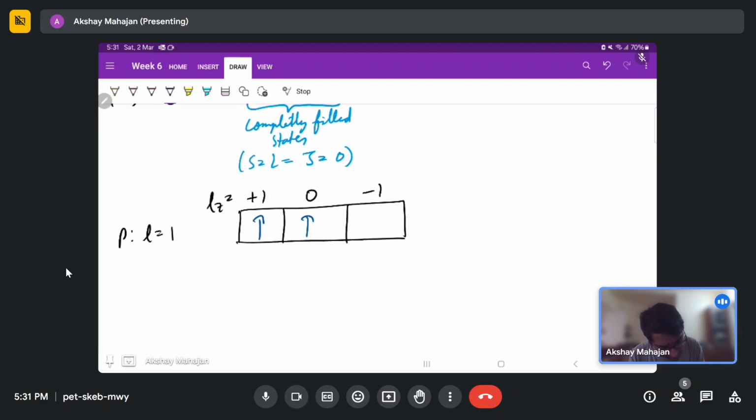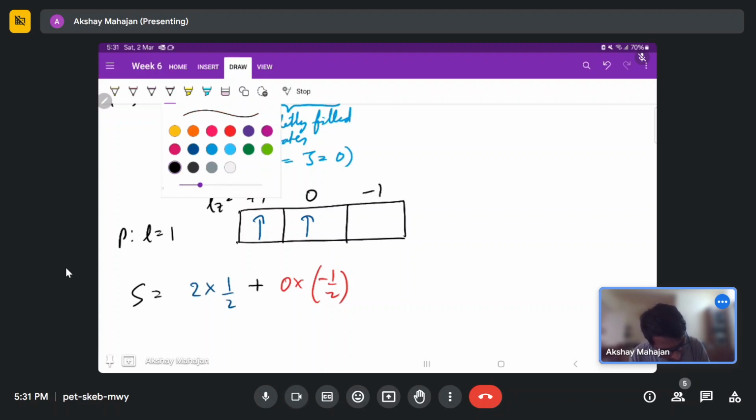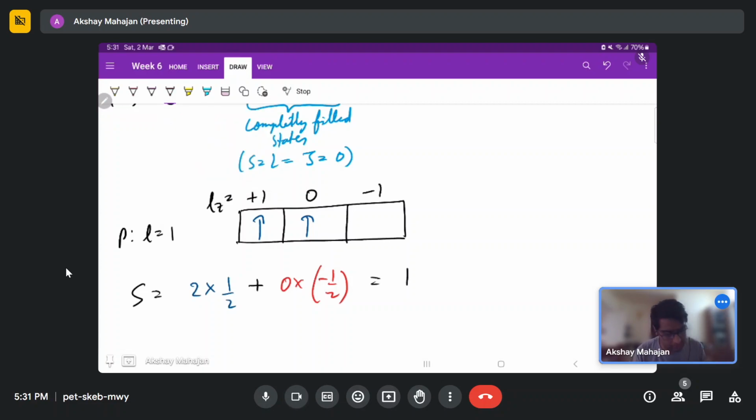So our capital S value is given by 2 spin half and 0 spin down. So capital S will be equal to 1.